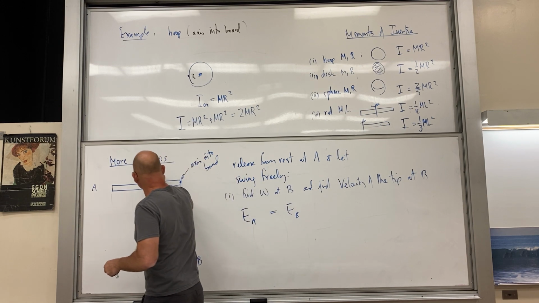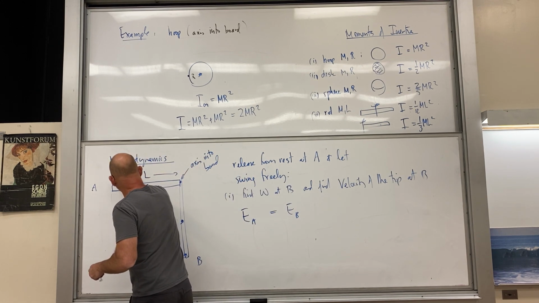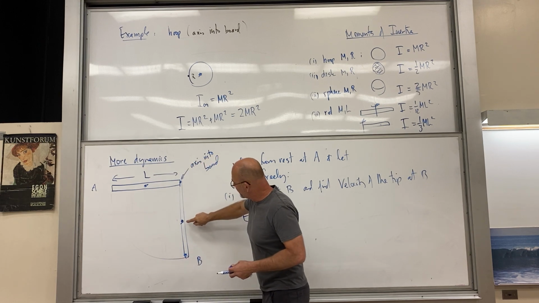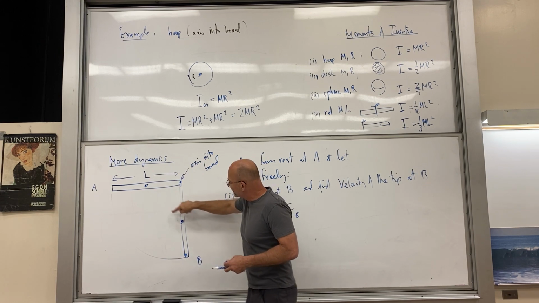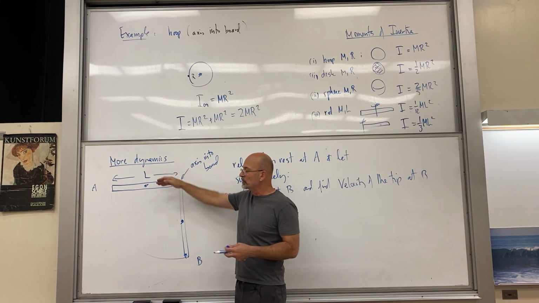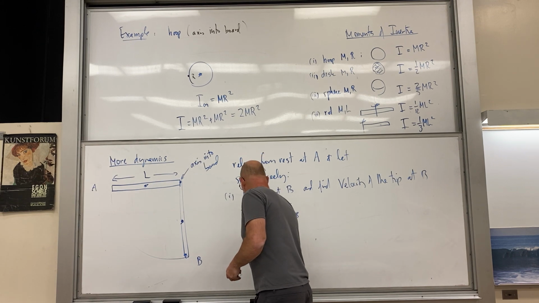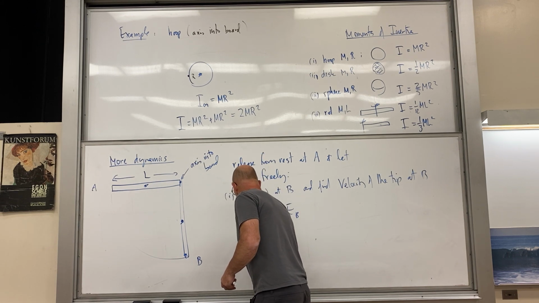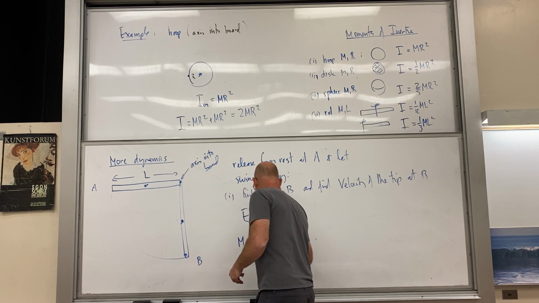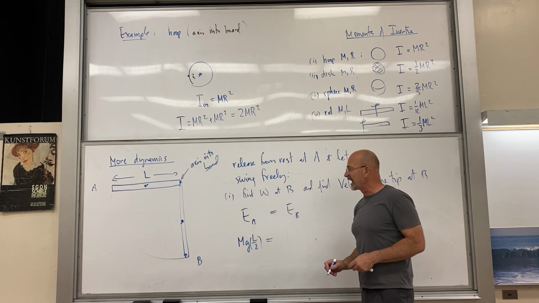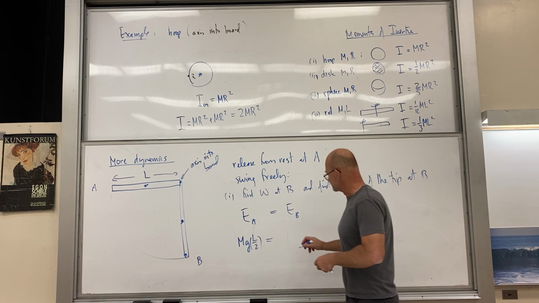If this rod is length L, it started out with the potential energy of the center of mass elevated by L over 2. So we could say we had m g L over 2. That was just the potential energy at A, no kinetic energy yet.